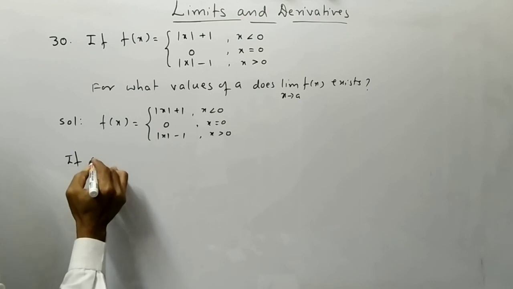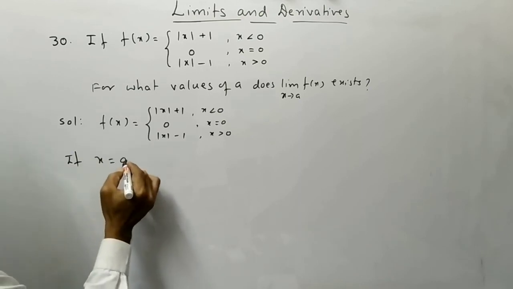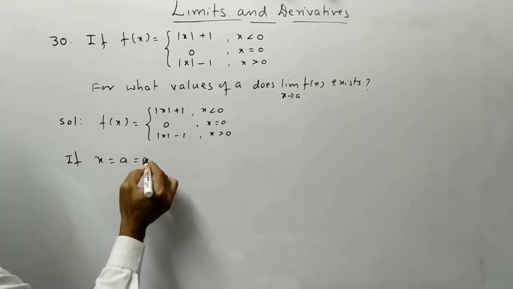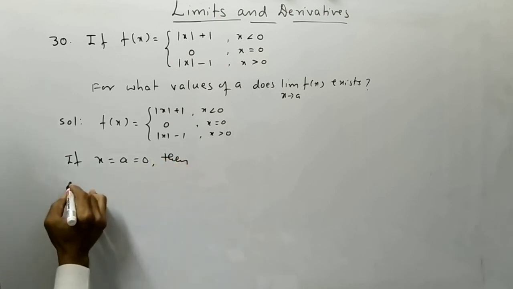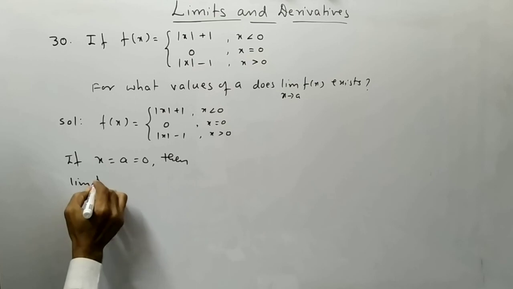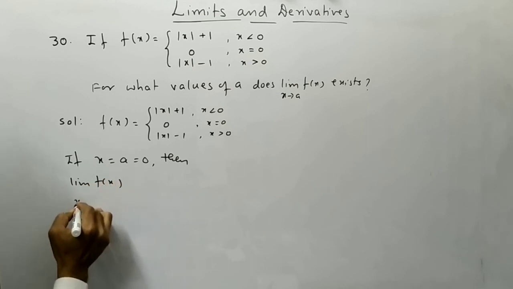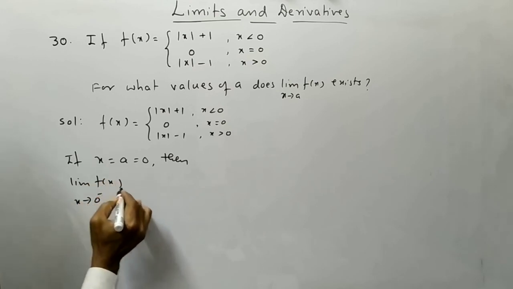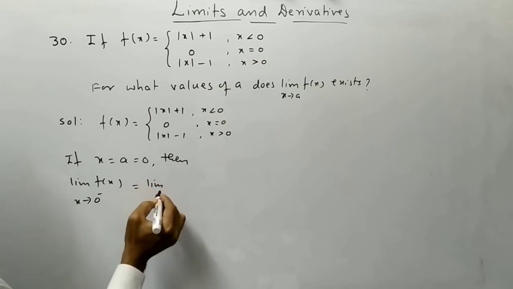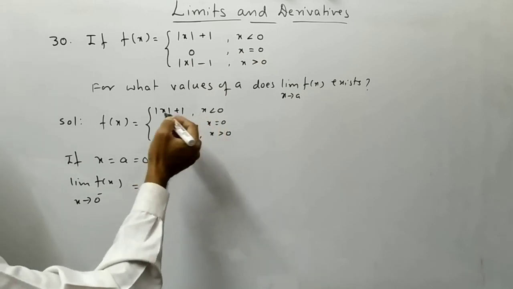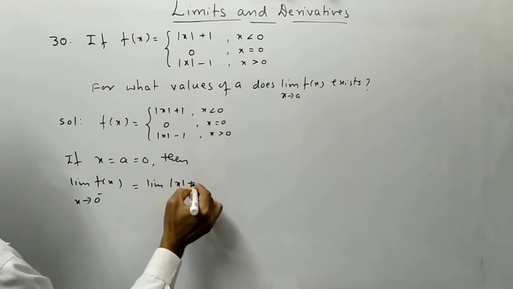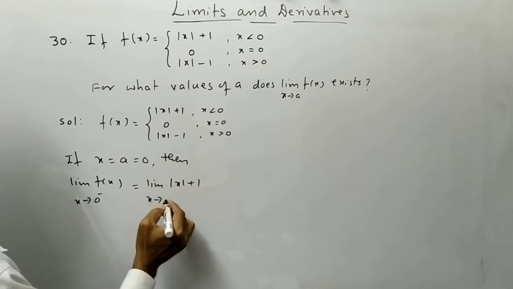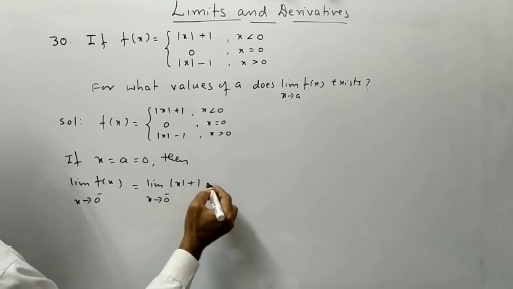If x is equal to a is equal to 0, then the limit of f of x when x tends to 0 from the left side is equal to the limit of, for less than 0, the function is modulus of x plus 1, when x tends to 0 from the left side.